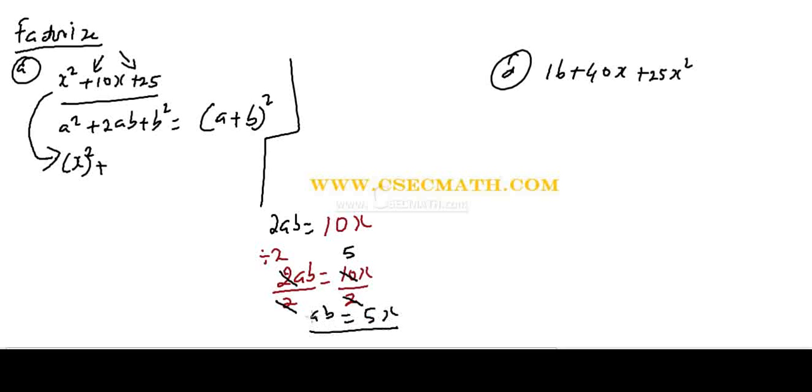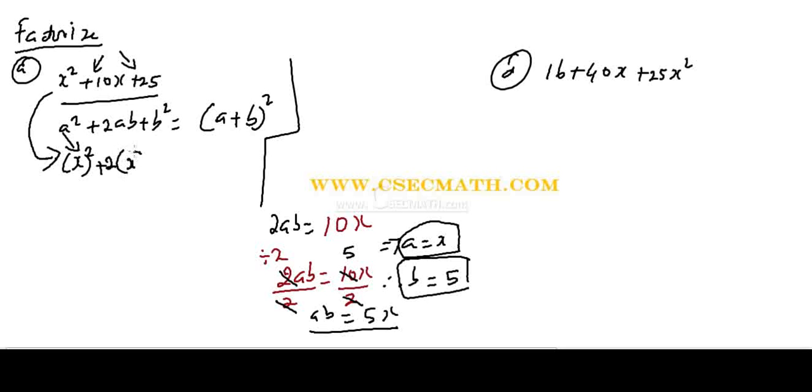Now ab is equal to 5x. Clearly from this information I know that a would be equal to x. Okay, so therefore the value of b would be 5. So this is one of the techniques by which you can represent 10x as 2ab form.